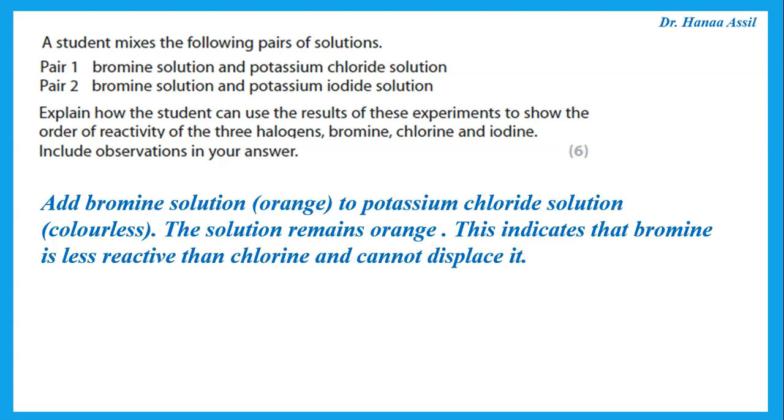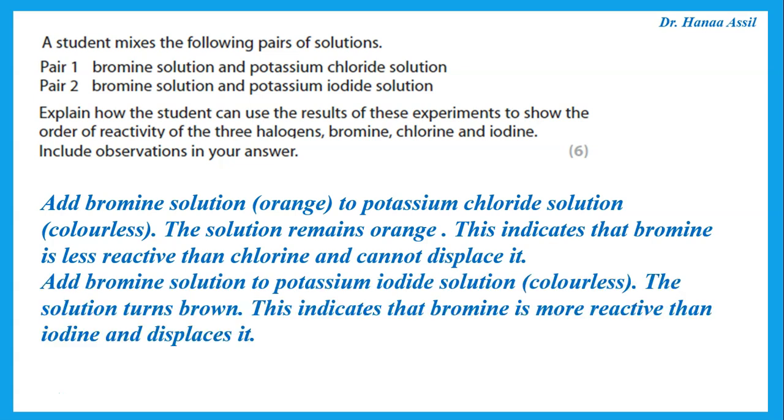Remember, bromine is less reactive than chlorine, so it will not displace it. So if we add bromine solution to potassium chloride, which is a colorless solution, the bromine remains in solution, so actually the solution remains orange. This indicates that bromine is less reactive than chlorine and cannot displace it.